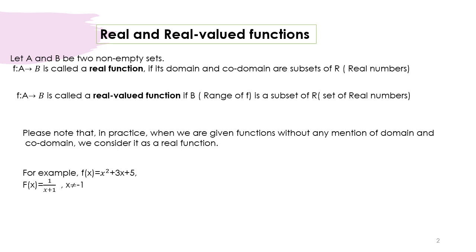In such cases, we have to assume by default these are real functions. And in class 11th and 12th, in our syllabus, we are dealing with only real functions. So no worry, not to be confused. If domain and codomain are not mentioned, by default we will take those functions as real.